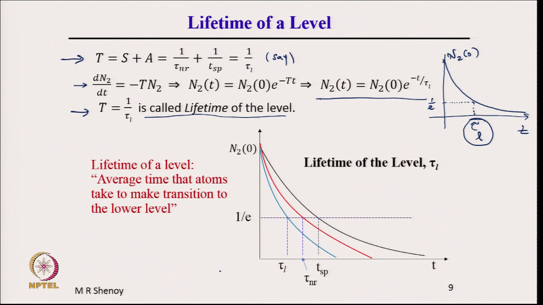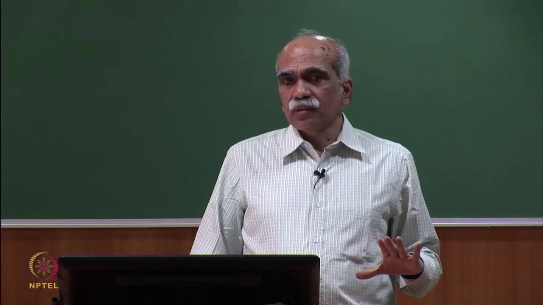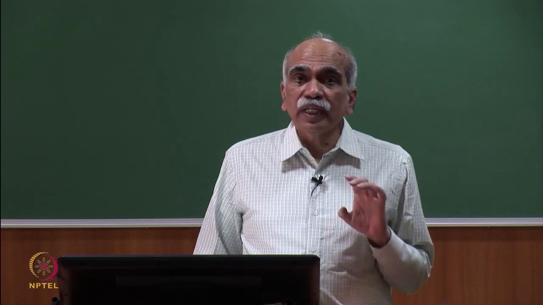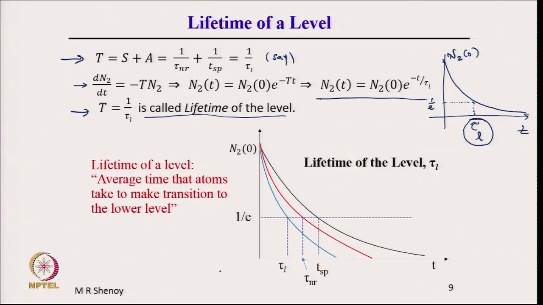Please see that N2 of 0, if there were no non-radiative transitions, and all of them were only radiative transitions, which means only spontaneous emissions, then we would have had the first curve here. So, if we had only spontaneous emission, then N2 of 0 will decay with time as N2 of 0 into e to the power minus t by TSP, and TSP is defined as where the number drops to 1 by e of its original number at t equal to 0.